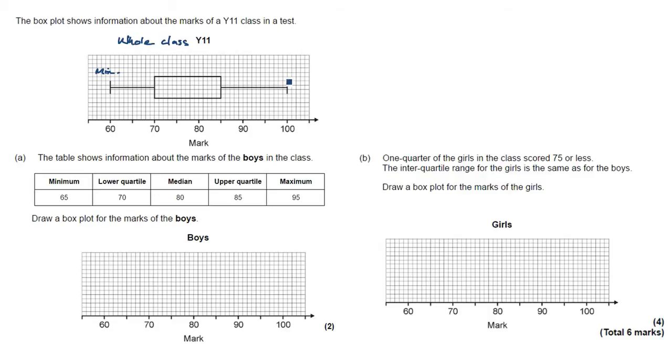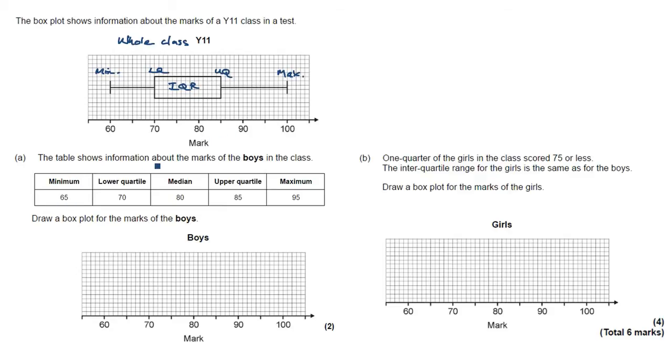The maximum mark was 100, so if it's out of 100%, then that was full marks. So this point here we call the maximum. Now between here and here, again we can read off from the horizontal scale, is the interquartile range. It goes from the lower quartile to the upper quartile, and I'm just labelling everything on there so that it helps me to answer the questions as I work my way through it.